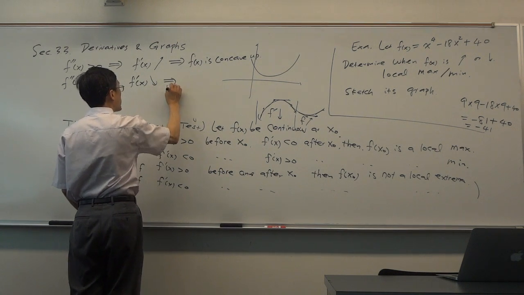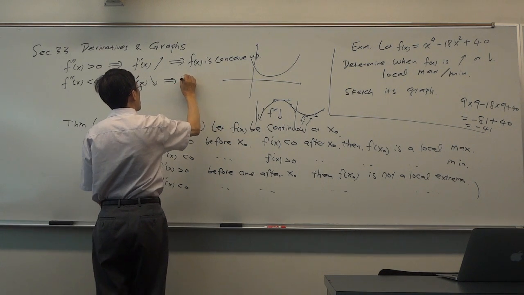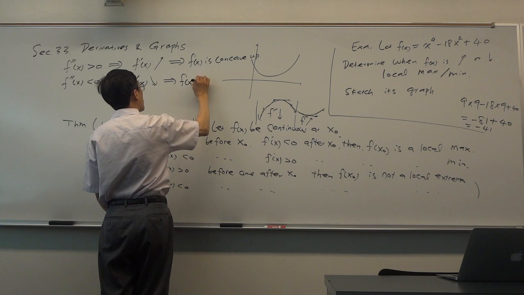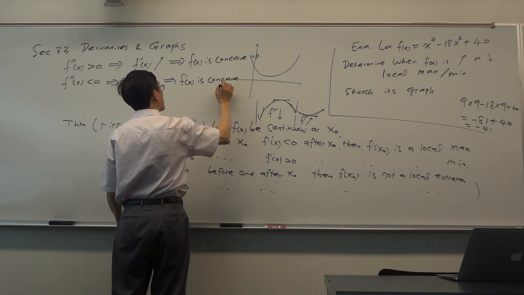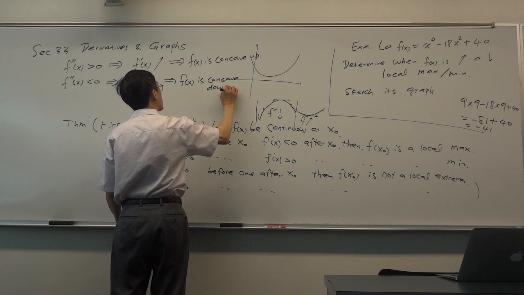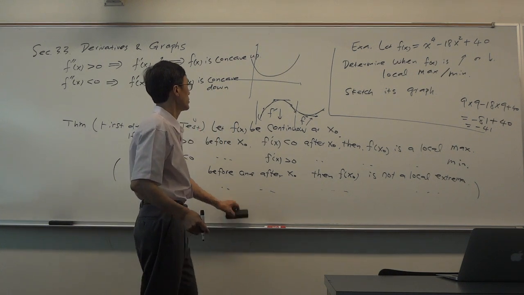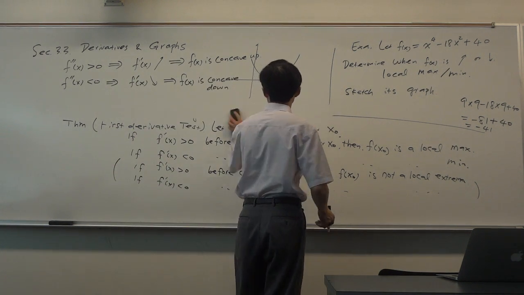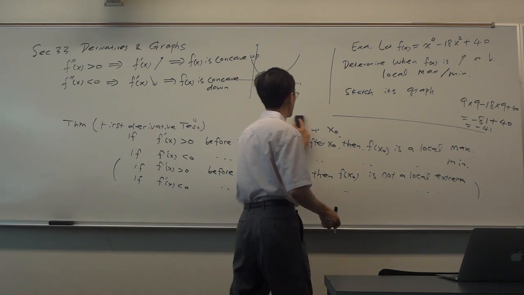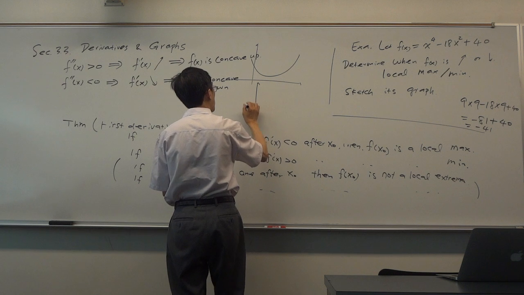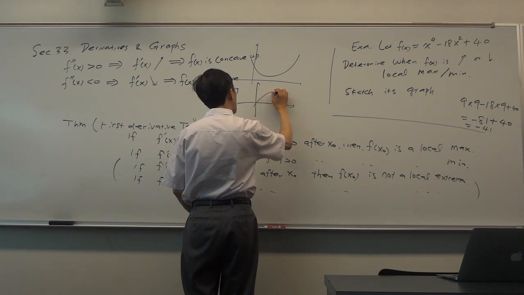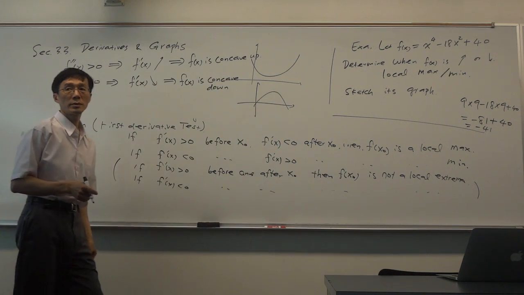Therefore, you have a picture like that, and we say f(x) is concave down. So the graph should look something like this.